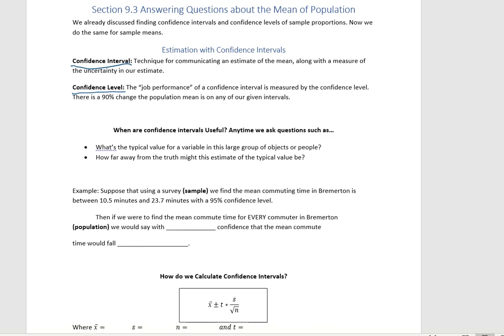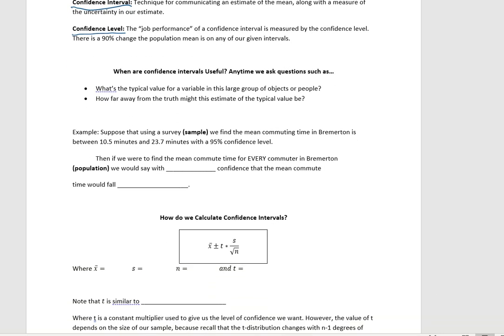So confidence intervals are very useful anytime we ask the question, what's the typical value for a variable in this large group of objects or people, and how far away from the truth might this estimate be? Suppose we're using a survey, which is a sample, and we find that the mean commuting time in Bremerton is somewhere between 10.5 minutes and 23.7 minutes, and we say that with 95% confidence.